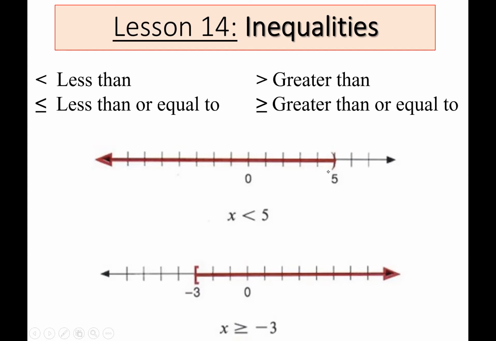Notice the symbol that's on the number line here, it looks like parentheses. So the parentheses are kind of opening towards the left here, and then the arrow is going to the left. So what this is illustrating is all the numbers on the number line to the left of 5, but not including 5.